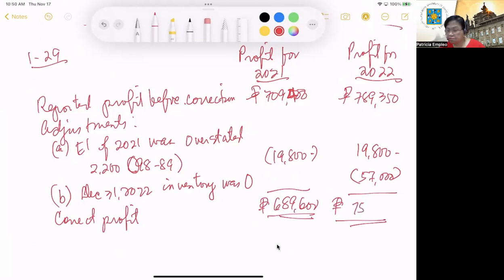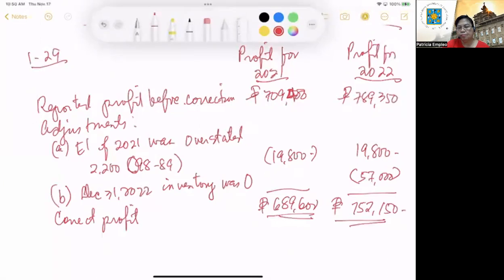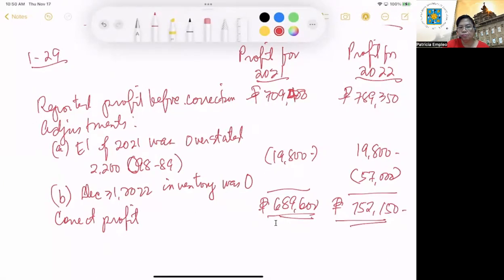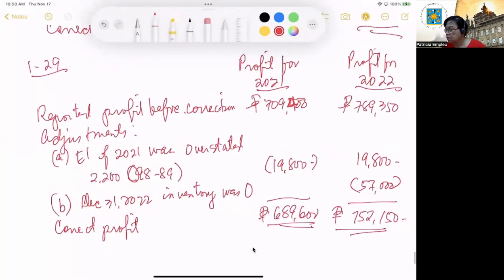Okay, so that is 752,150. Okay, so please check your works. If you have not solved this, please solve this on your own and then check against this solution.